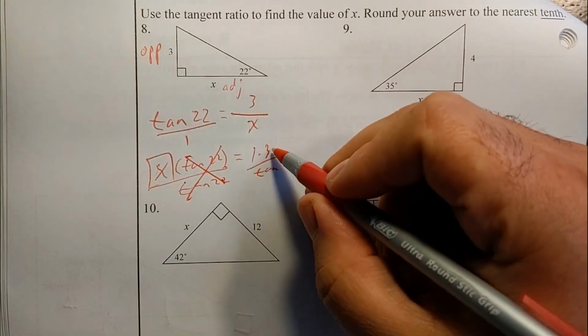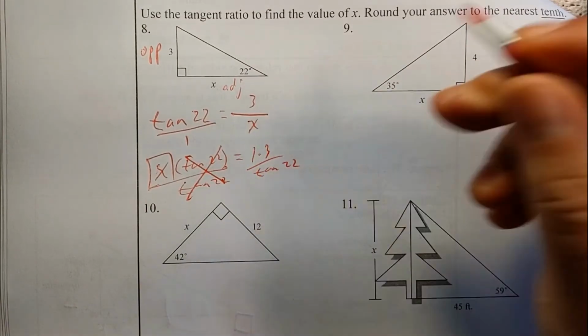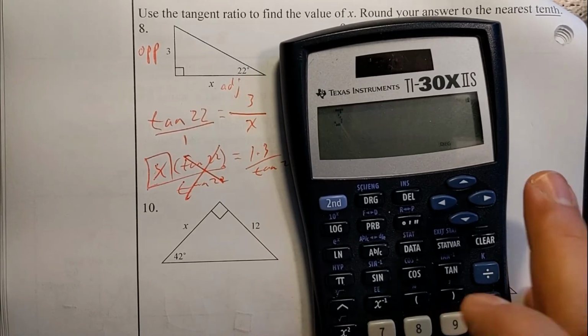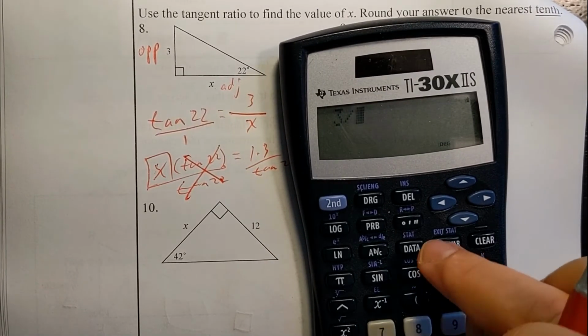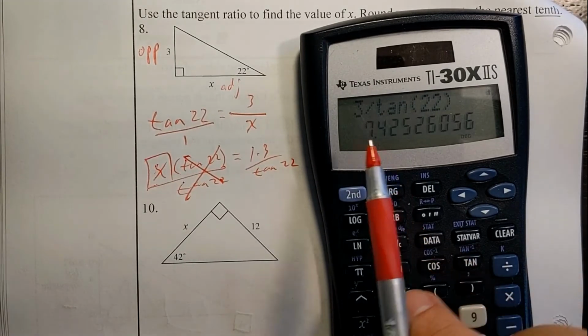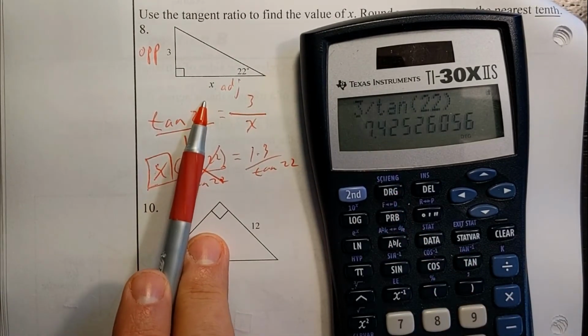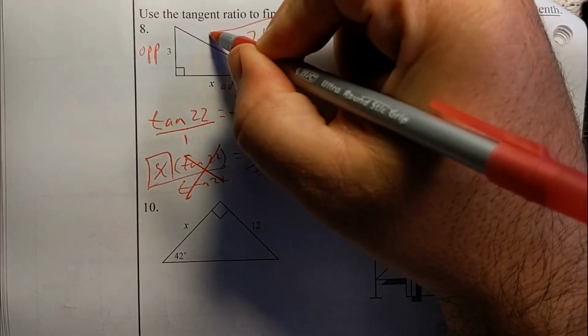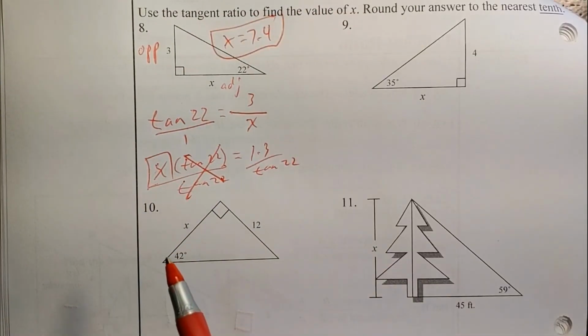Well, that means that what you're going to end up doing is 1 times 3 is 3, so start with 3, and then divide by the tangent of 22. And the calculator is going to give you the missing side, which is 7.4. So x in this case is 7.4. Let me show you how quickly that can work once you get the hang of it.